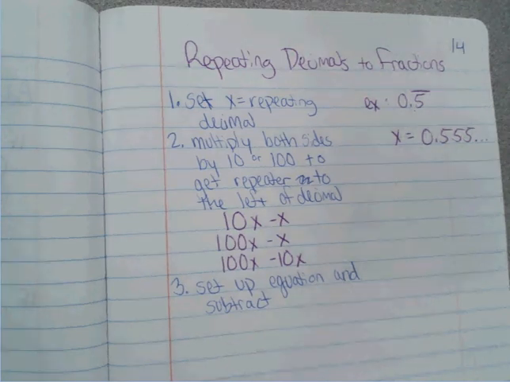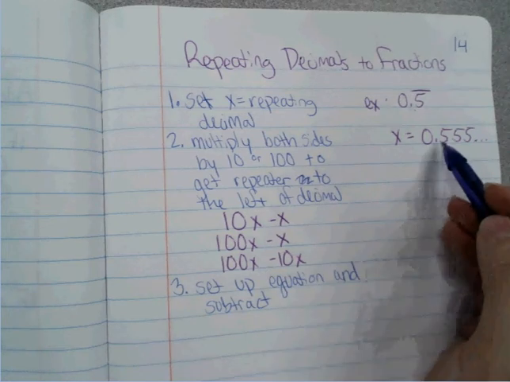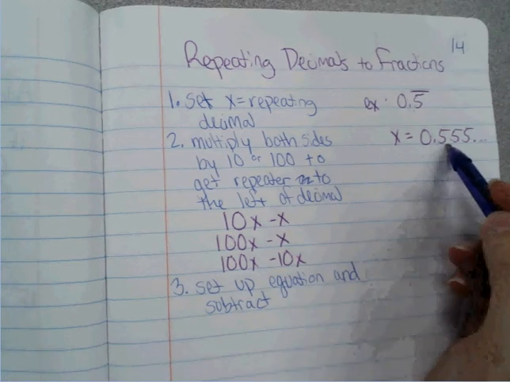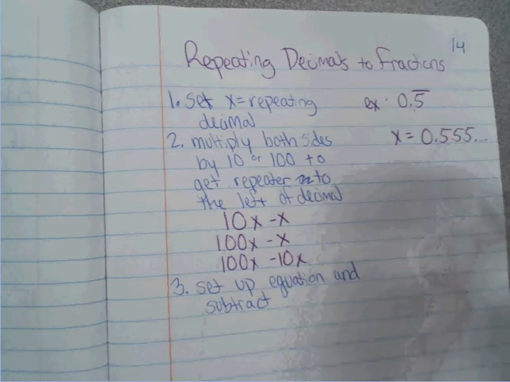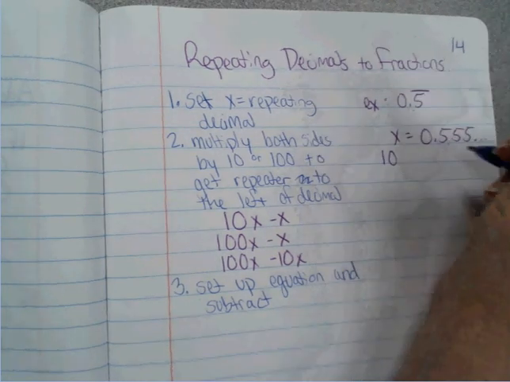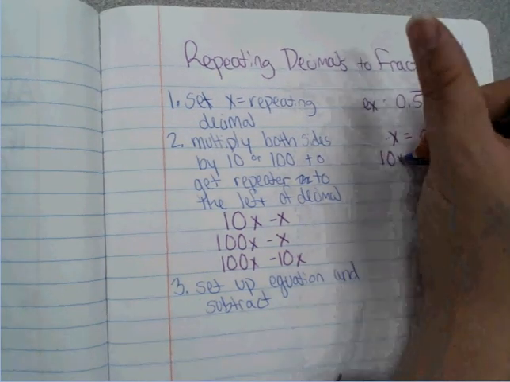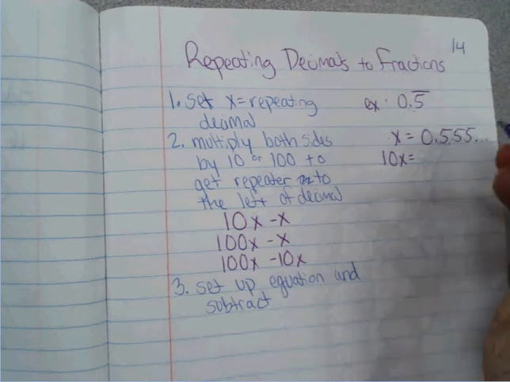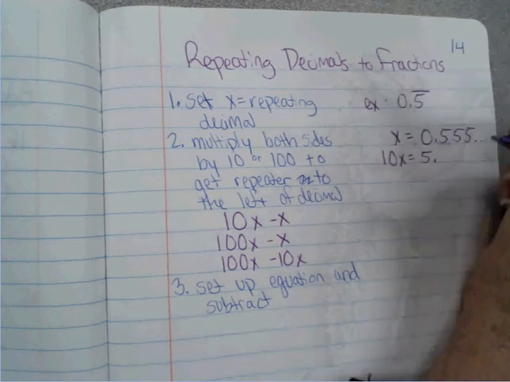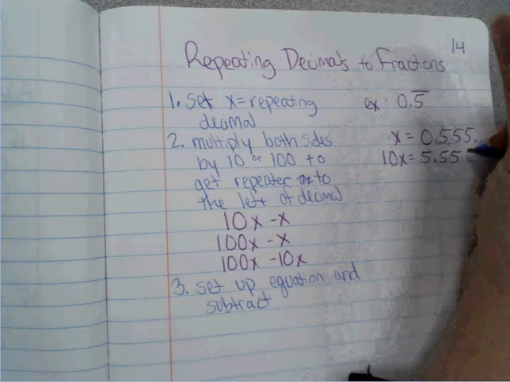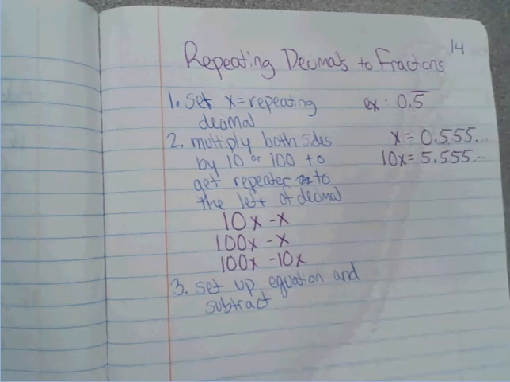Now, since it's only one number over, to get the repeating number to the left of the decimal, we only have to multiply it by 10. So when we multiply both sides by 10, 10 times x is 10x, and we multiply this by 10, it comes out to 5.5555 with all the decimals repeating, because we just moved the decimal over once.